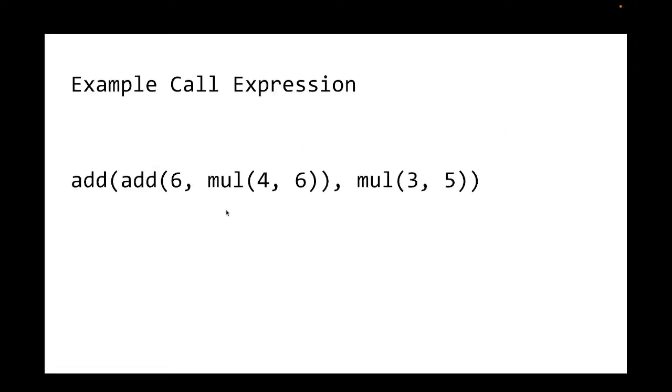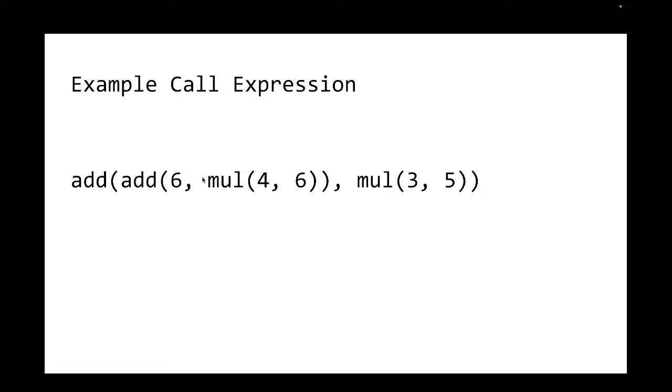Again, for this nested call expression, Python will go to add first, then it'll realize it's a function, then it will see its operands. There's one operand here and then another one here. It'll operate left to right, so it'll evaluate this and repeat the process.